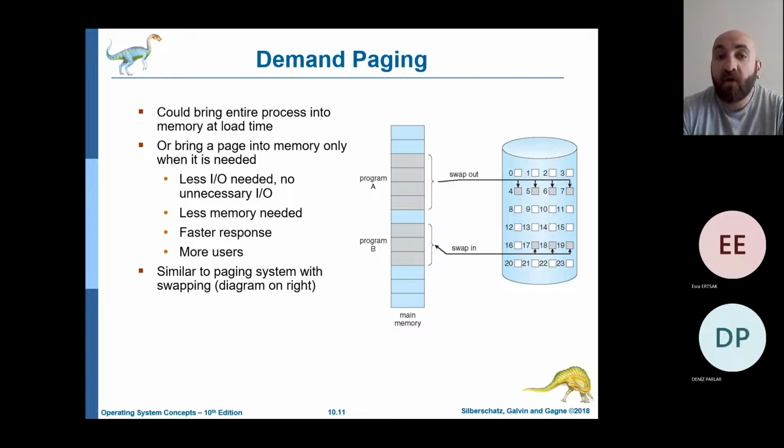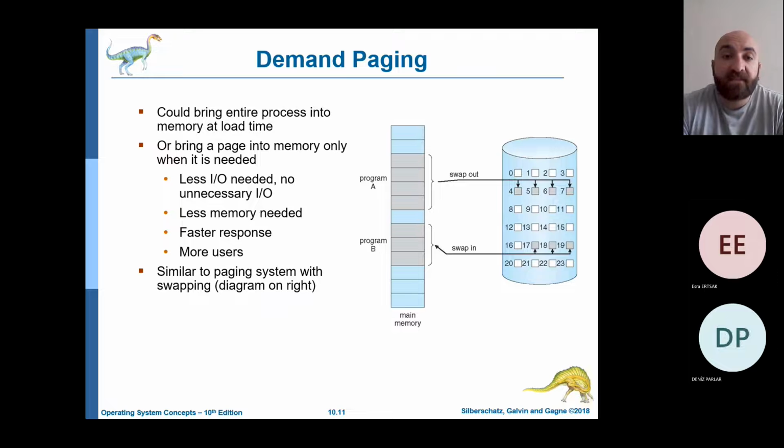This technique is known as demand paging and is commonly used in virtual memory systems. With demand paging, virtual memory pages are loaded only when they are demanded during program execution. Pages that are never accessed are never loaded into physical memory.